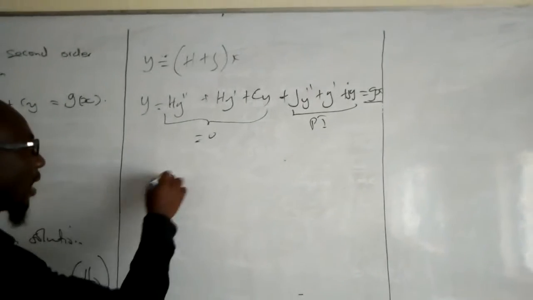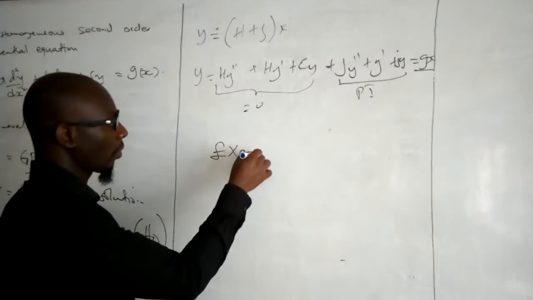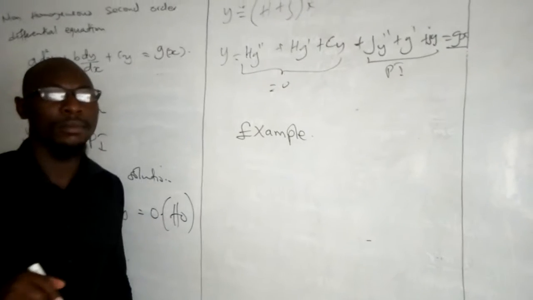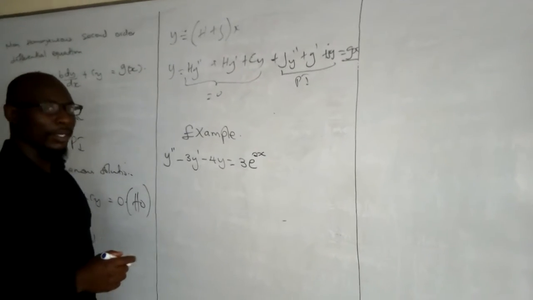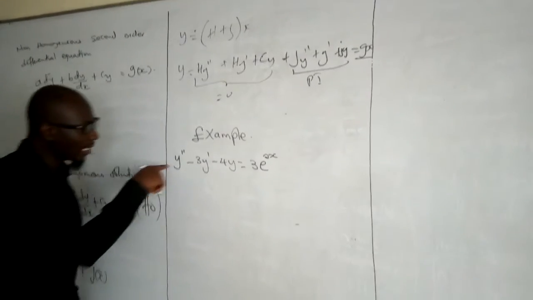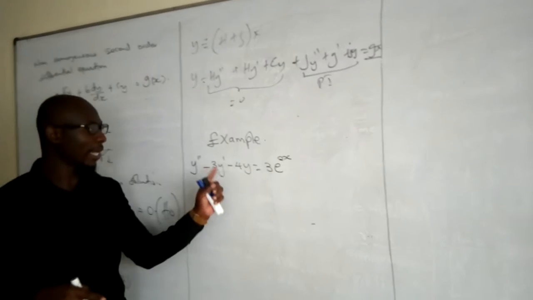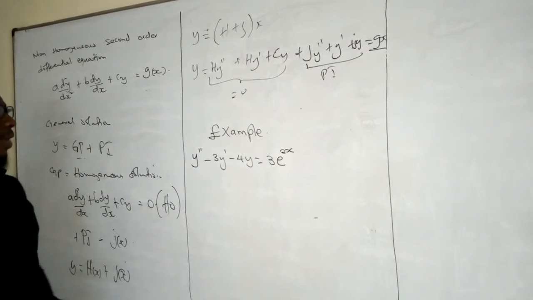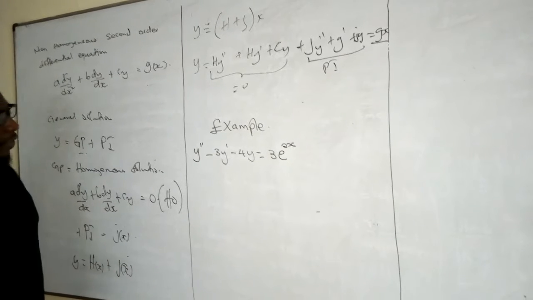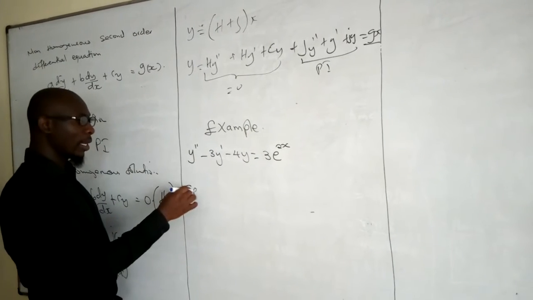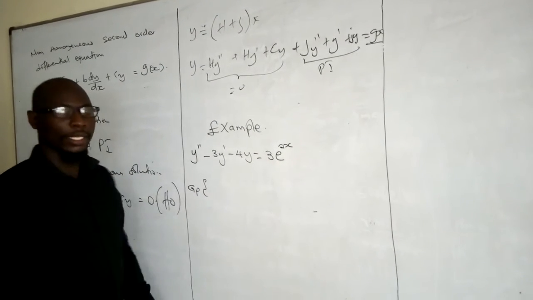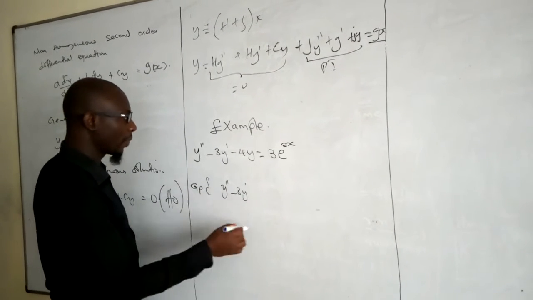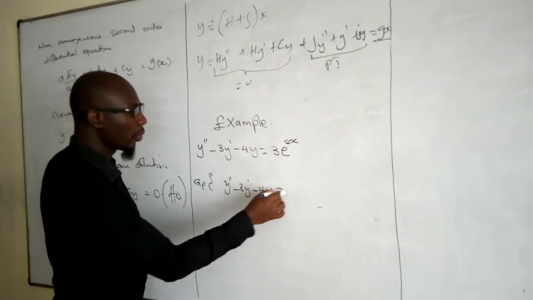So let's have an example. Y double prime minus 3y prime minus 4y is equal to 3 exponential of 2x. First we get the general solution by getting the homogeneous equation, that is by equating y double prime minus 3y prime minus 4y to 0.